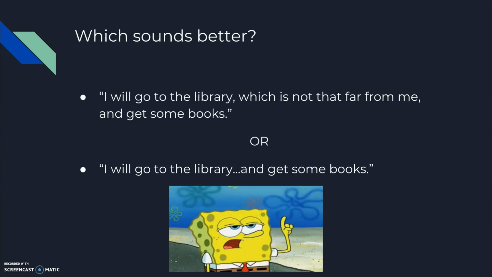Alright, so which sounds better? So here I have two examples of the same sentence. One contains the ellipses and one does not. First one is, "I will go to the library, which is not that far from me, and get some books." So there you do not see ellipses. You can see how it contains too much information and you wouldn't really need it in a quote.